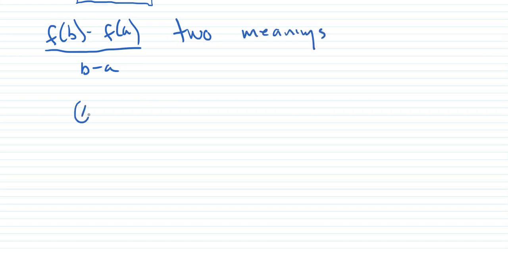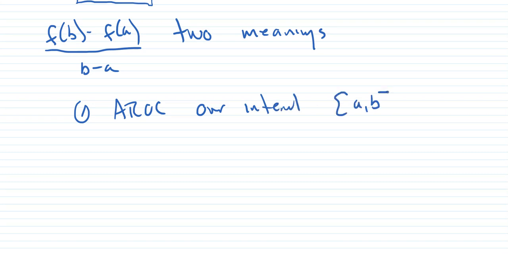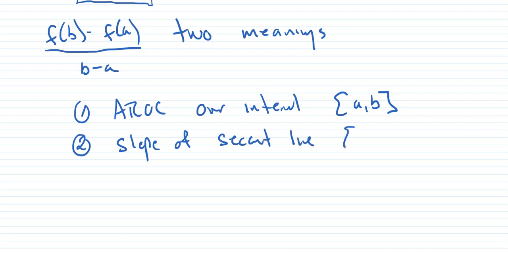Number one, it is the average rate of change over the interval from A to B. And number two, it is the slope of the secant line over the interval from A to B.